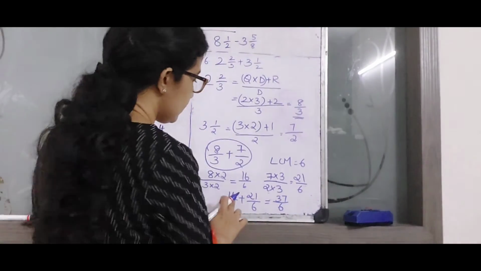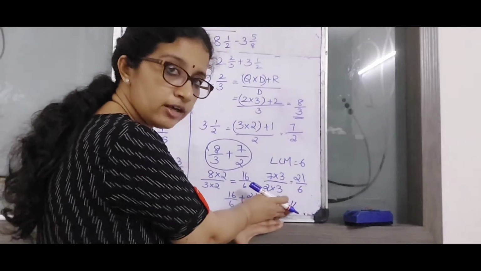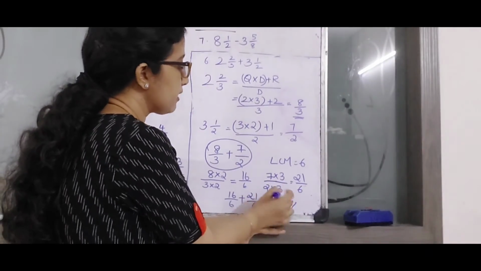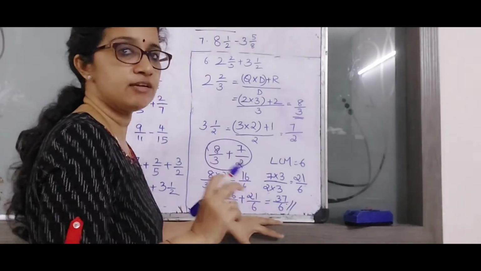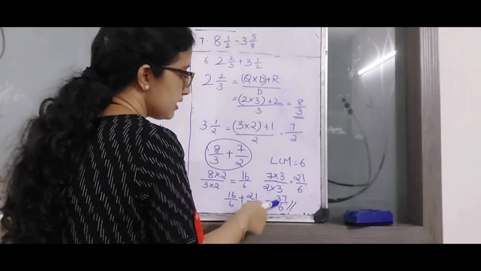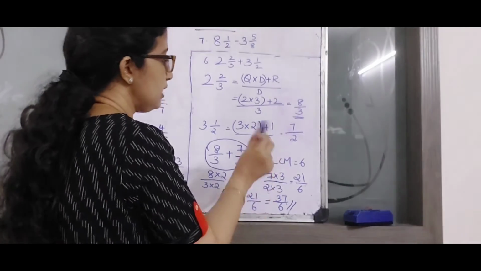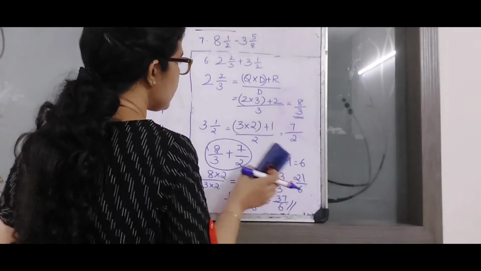Correct. The answer is 37 by 6. Now, this is also a right answer, or we can convert this into a mixed fraction. Since they have given mixed fractions in the question, this 37 by 6 can be converted to a mixed fraction and taken as the answer.